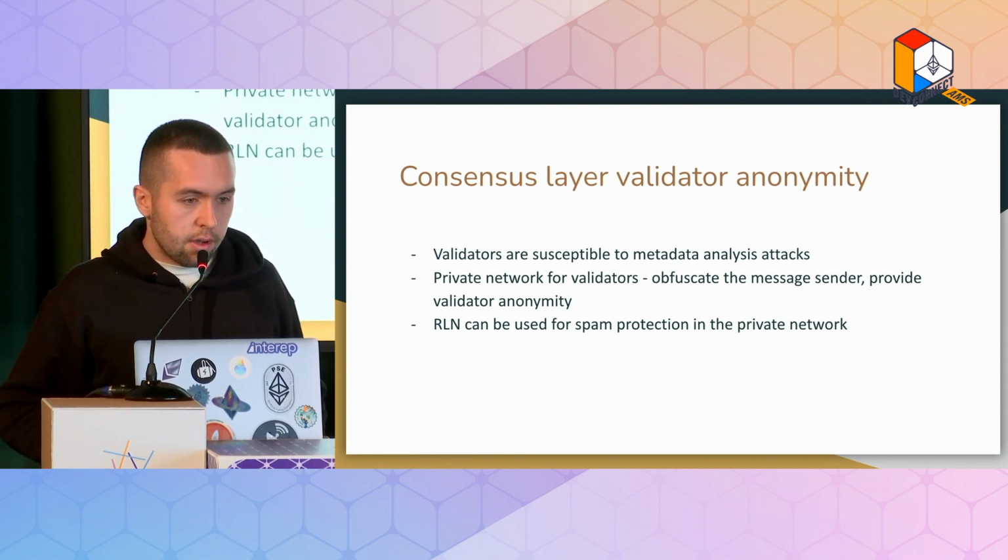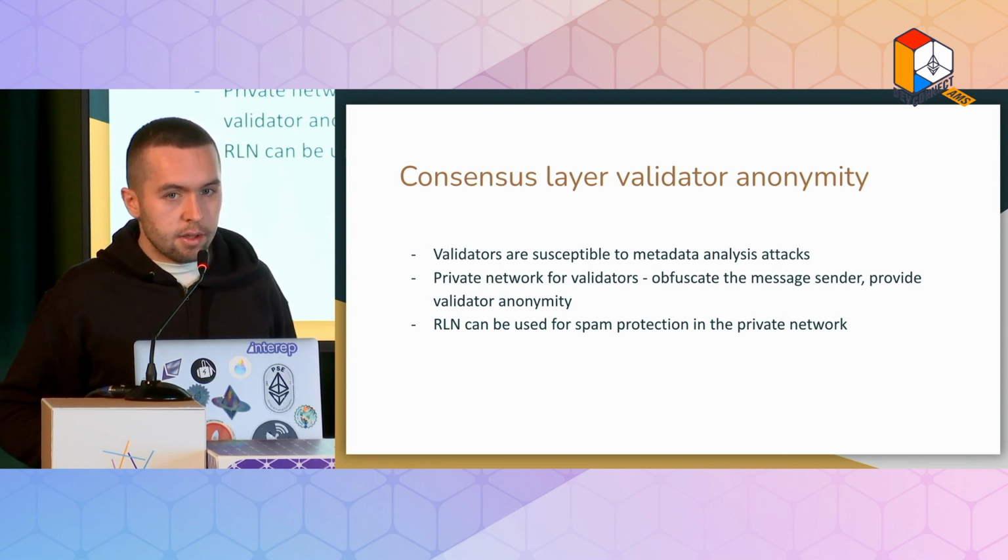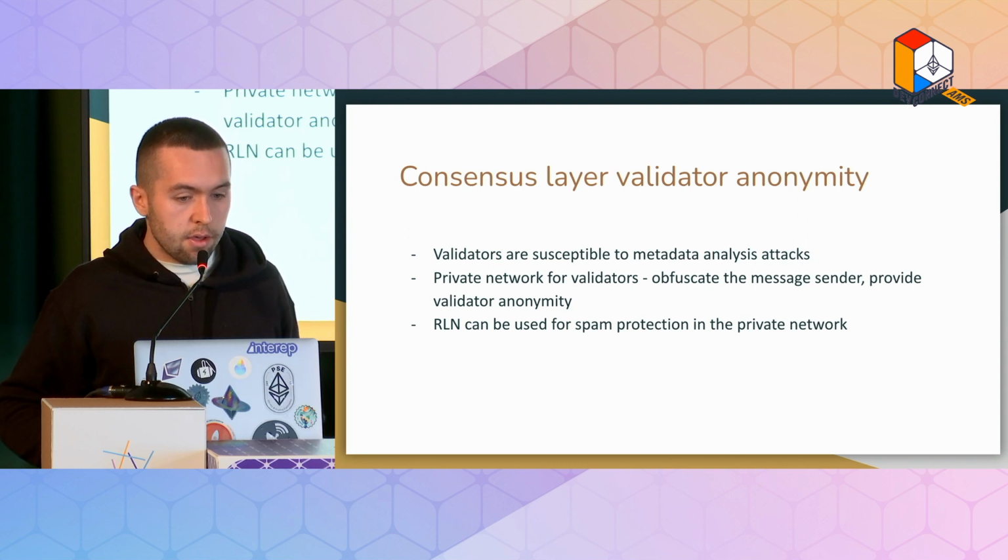Currently, validators on the Ethereum consensus layer are susceptible to metadata analysis attacks. This means that their physical IP address can be found and they can be DDoS'd. This is a risk for network destabilization.